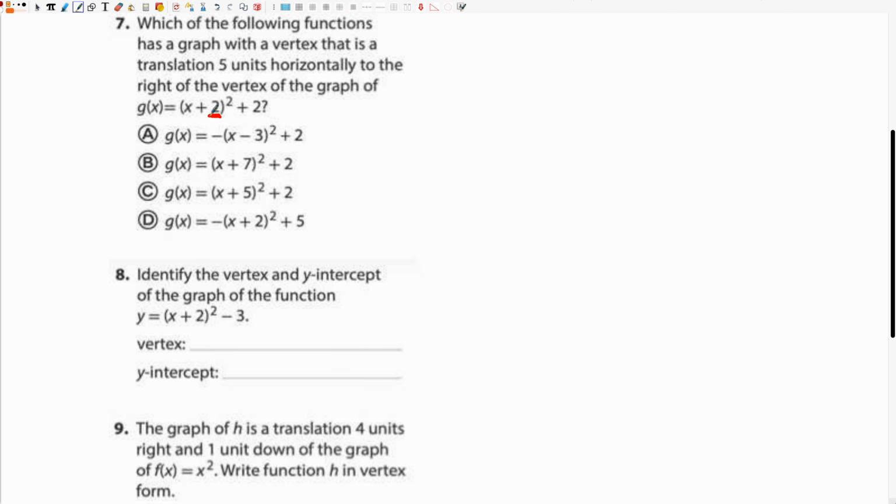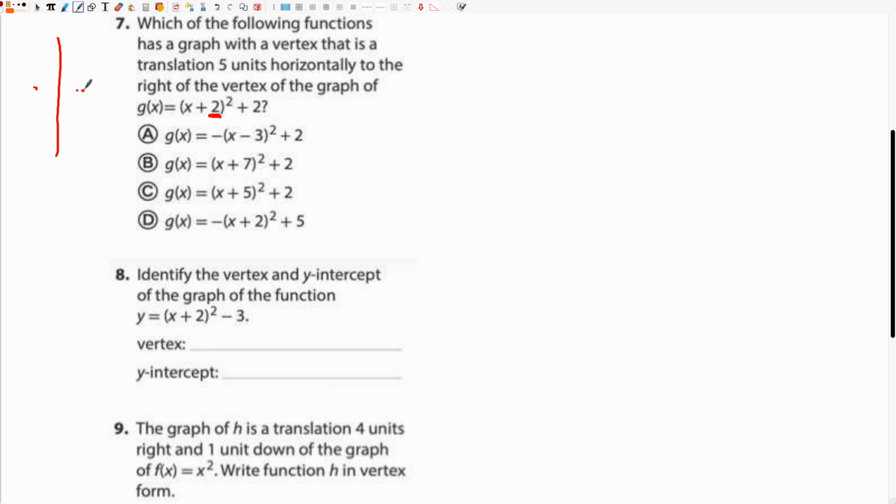Subtracting goes right. This one would be at -2 over here, and this one would be at -3 over here, which is 5 to the right. The +2 would move it left 2, so when it moves it right 2, it'd be 5.